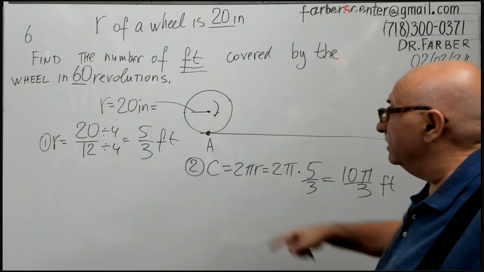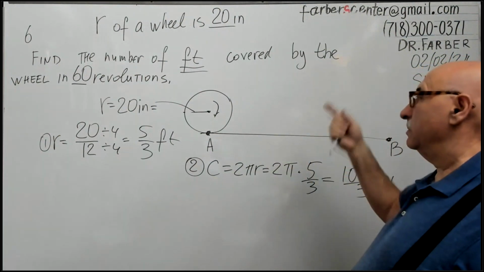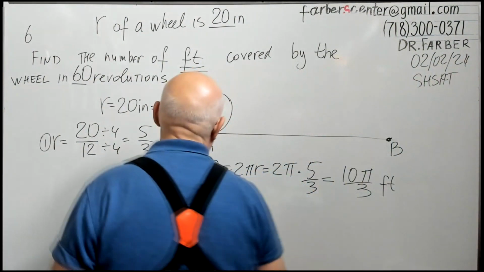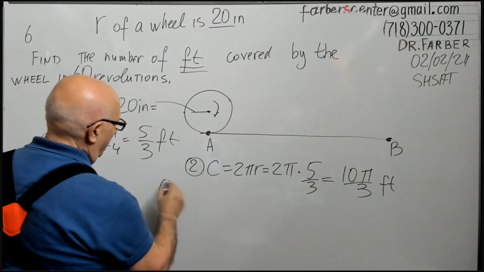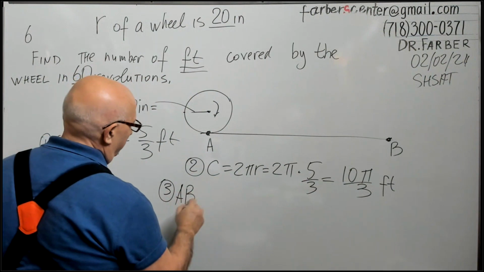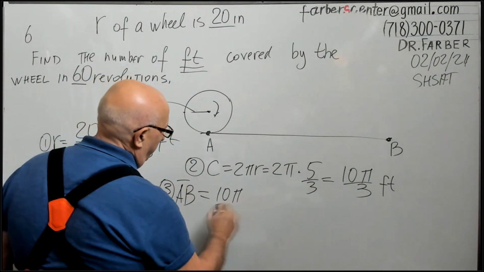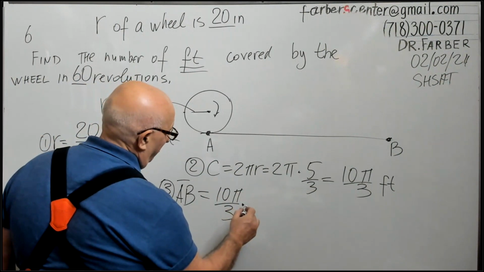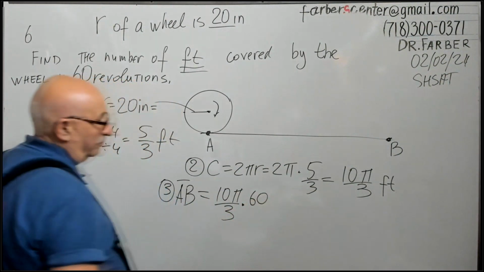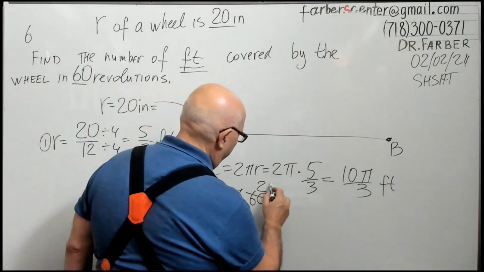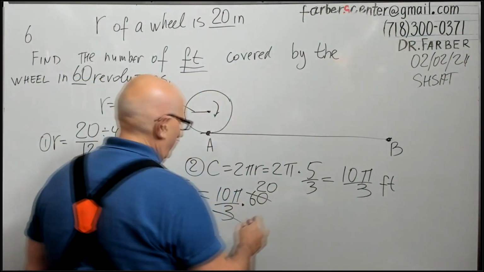But what is it? It's for 1 revolution circumference. Since you have 60 revolutions, this distance AB equals 10 pi over 3 multiplied by 60. 3 goes into 60 20 times. And you get 200 pi.